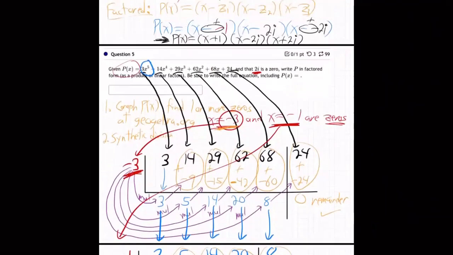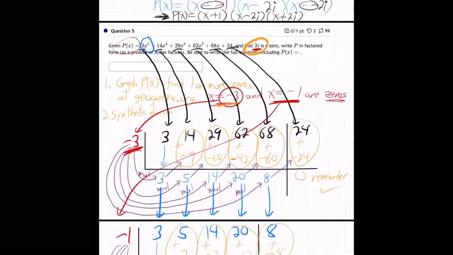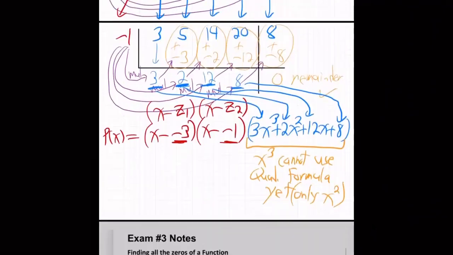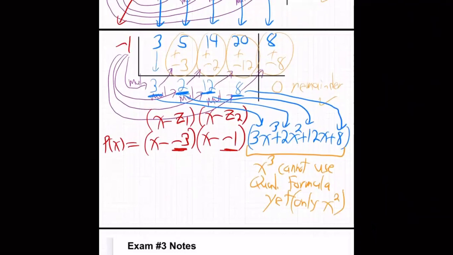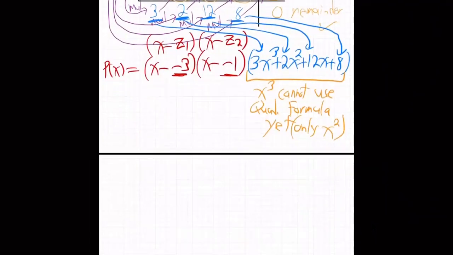Well, that's why they gave us another 0 right here. See this? 2i. They told us 2i is a 0. Oh, okay. So now we're going to use that. That means we can do synthetic division yet again. Let's do it. I'm going to come in here.